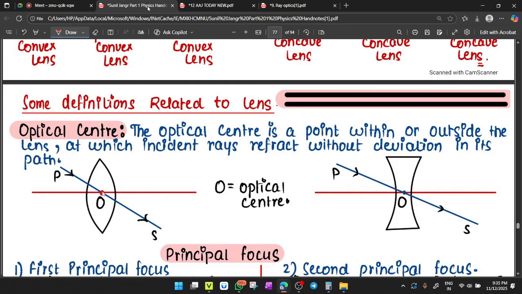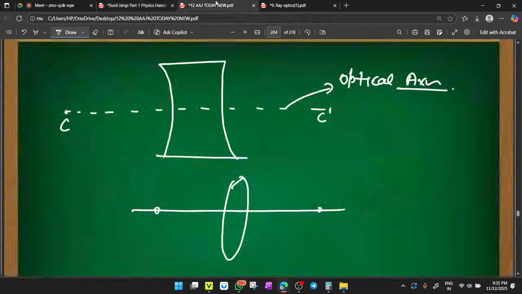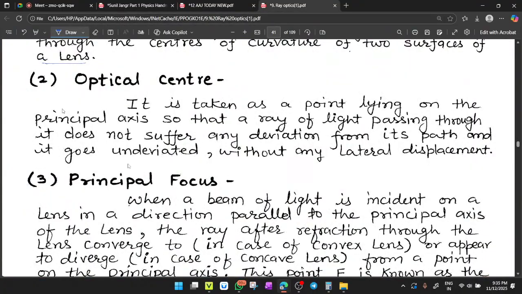So the center point of the lens is called the optical center. And remember, if a ray comes to the optical center, it will go undeviated. Clear? Any problem? So this is the optical center.